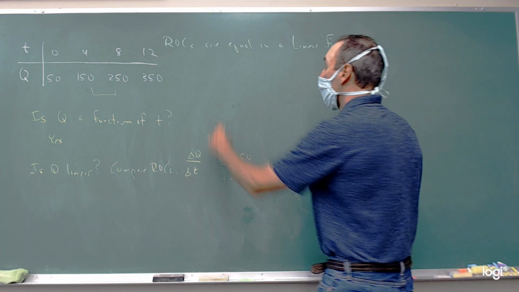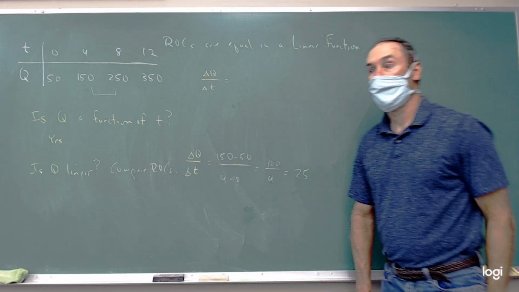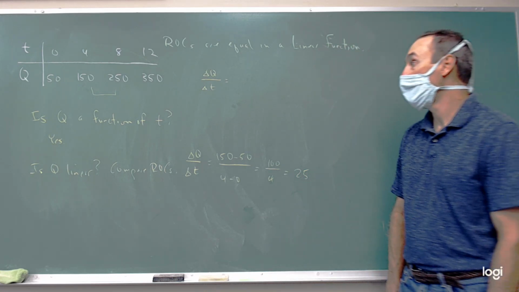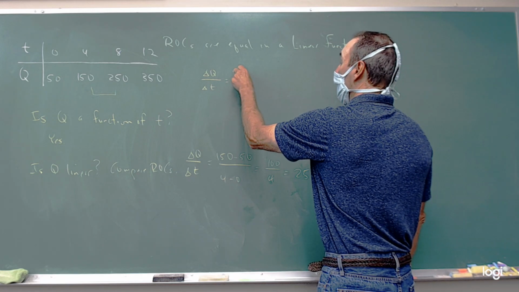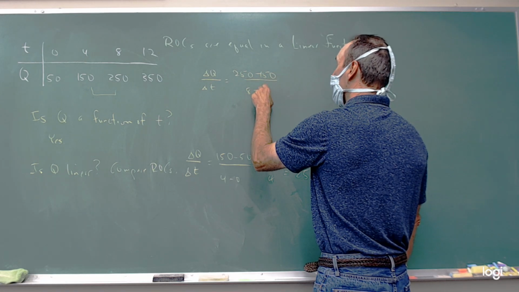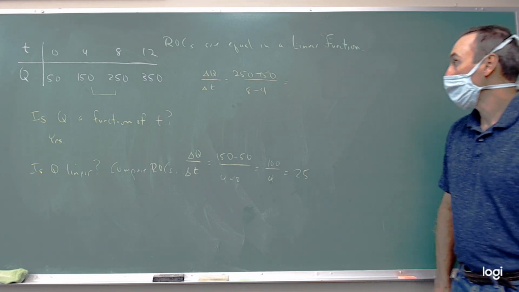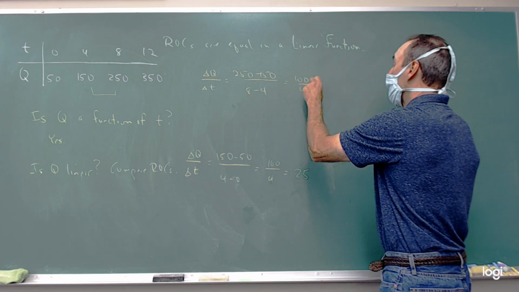And so now we're going to look at, again, delta Q over delta T. So we're going to check out the rate of change between a couple of different points on this same curve. So the delta Q this time is going to be the 250 minus 150 and the 8 minus 4. And that's going to, again, give us 100 over 4, which is, again, 25.